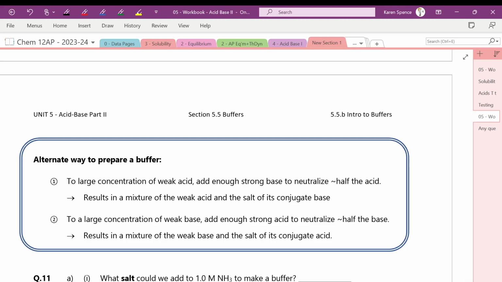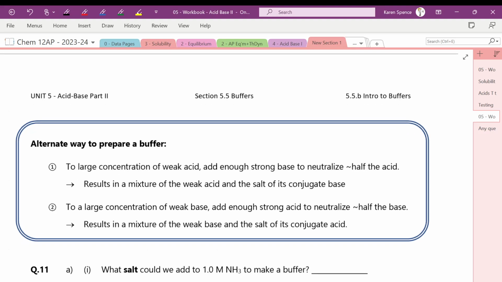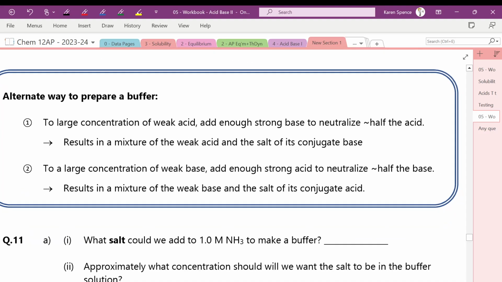Oh, we got 5 minutes left. Why don't we answer this last question here? Might as well push through. This is your alternate way to prepare a buffer. This is AP only.